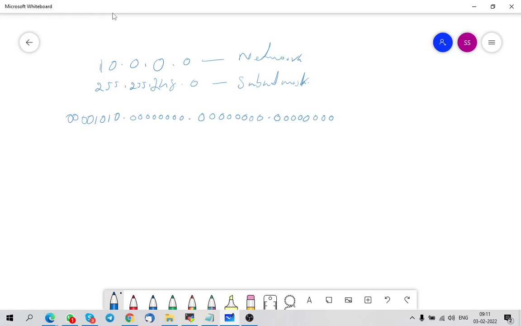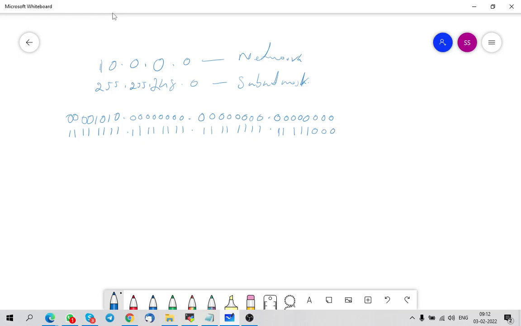Now, in a similar way, we will put the net mask also. 255 means all ones. So here, all ones. Now 248 means first 5 ones, then the remaining zeros.